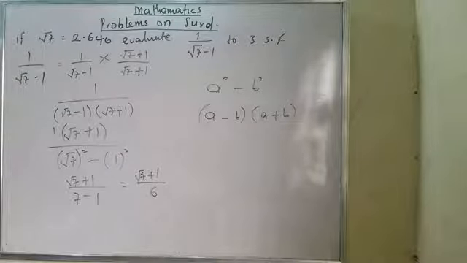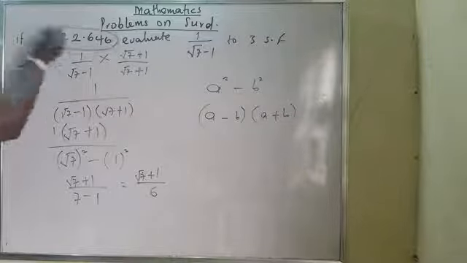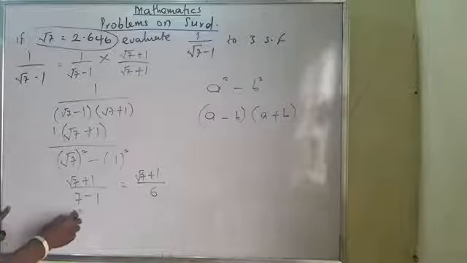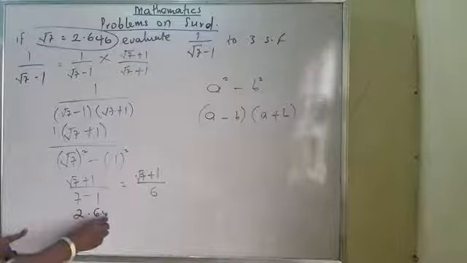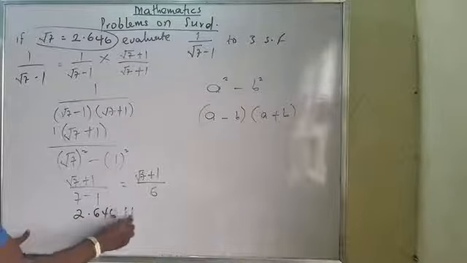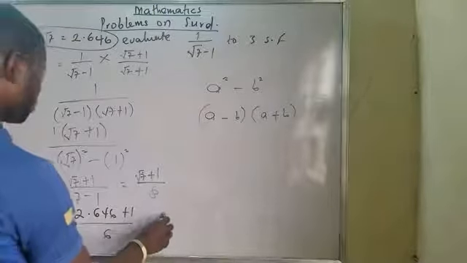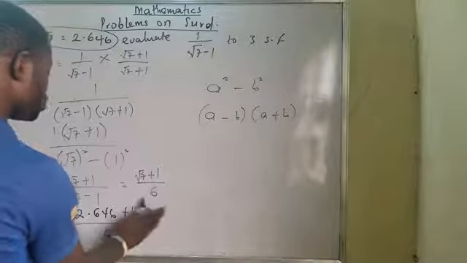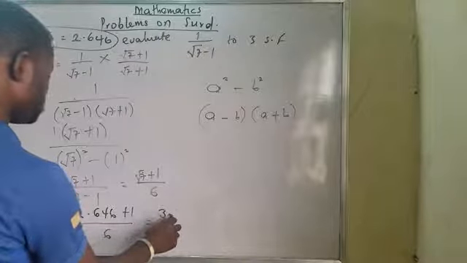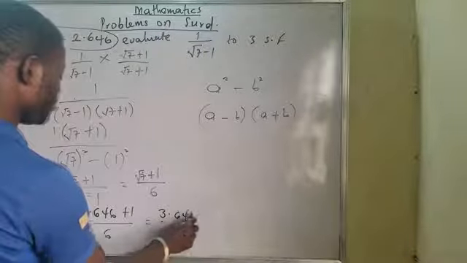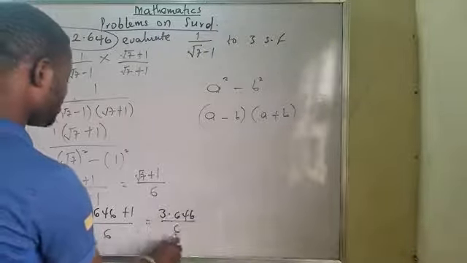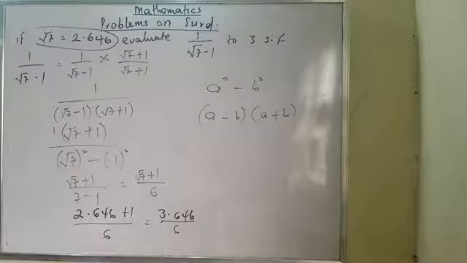Now, since I have that, what can I do? You were told that root of 7 is 2.646. It means 2.646 plus 1 divided by 6, which I will be having 3.646 divided by 6. Whatever I have, it will be 0 point something.